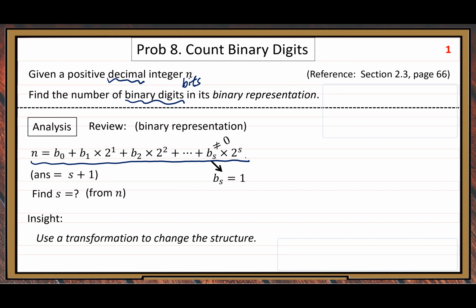A typical way that we use in real-world problem solving is to do a transformation. For a given expression, we change its form. The original form does not reveal the insight. After we change the form, we can get the insight more easily. That's the idea. Here, let me show you the transformation part.